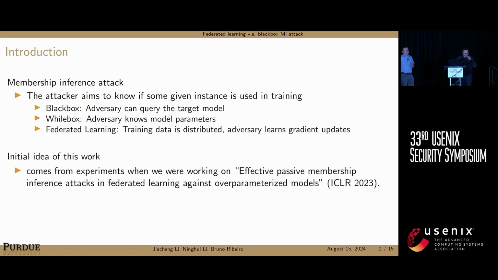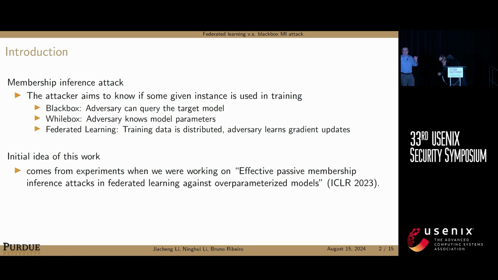But the initial idea of the paper came up when my student and I were working on his previous paper, which is a membership inference attack in the federated learning setting. We developed a new attack in the federated learning setting, and then we needed to compare with the baselines.